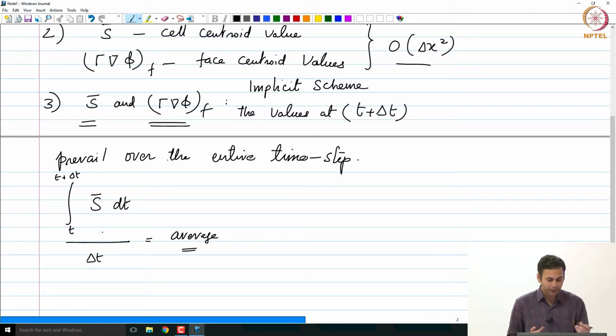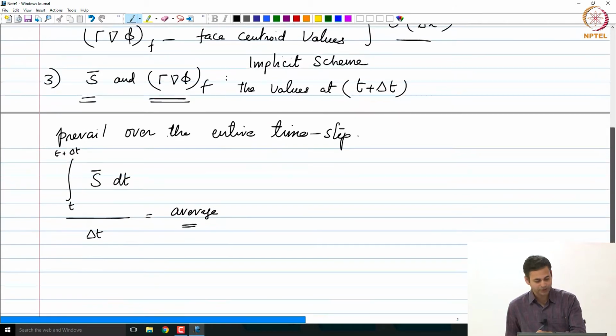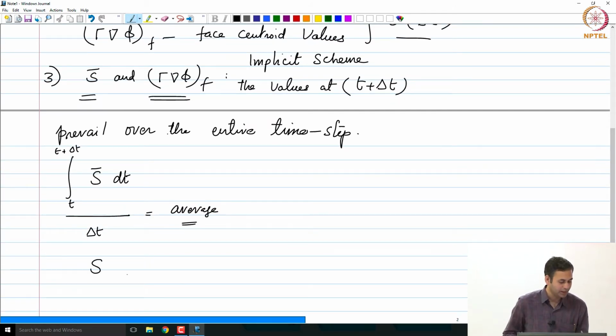Okay. So, let me consider first a source term, that is S, which is expanded about S at t plus delta t. Okay. So, we have now S0 and S1, which represent t and t plus delta t values. Okay. We are interested to calculate the integral S dt over the range of delta t, right.